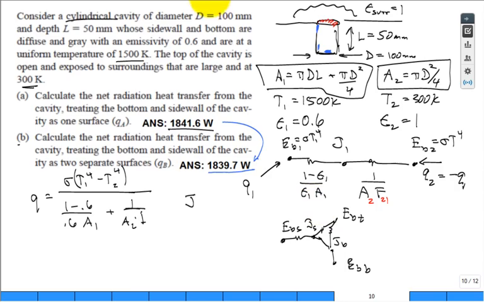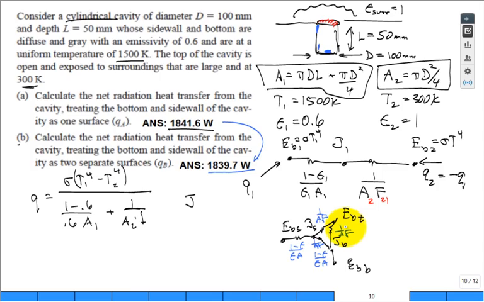So we have 1 minus epsilon over epsilon A, 1 minus epsilon over epsilon A, 1 over AF, 1 over AF, 1 over AF. I should have expanded it, left more room, sorry.